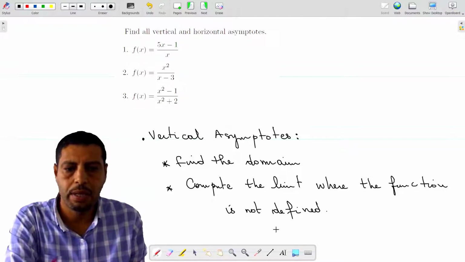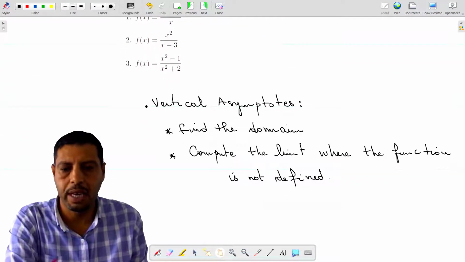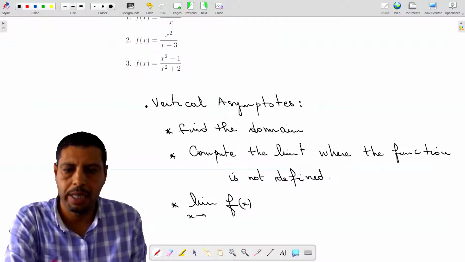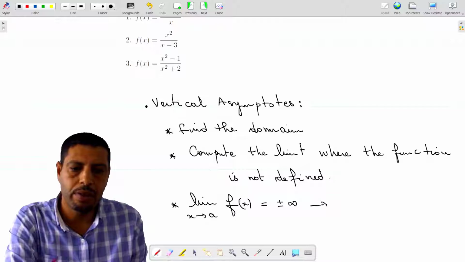Then you can conclude if you have a vertical asymptote or not, because if you compute the limit of f of x as x approaches a point A where it's not defined, and you find that this limit is plus or negative infinity, you can conclude that the line x equals A is a vertical asymptote. Okay, so the procedure is very simple.